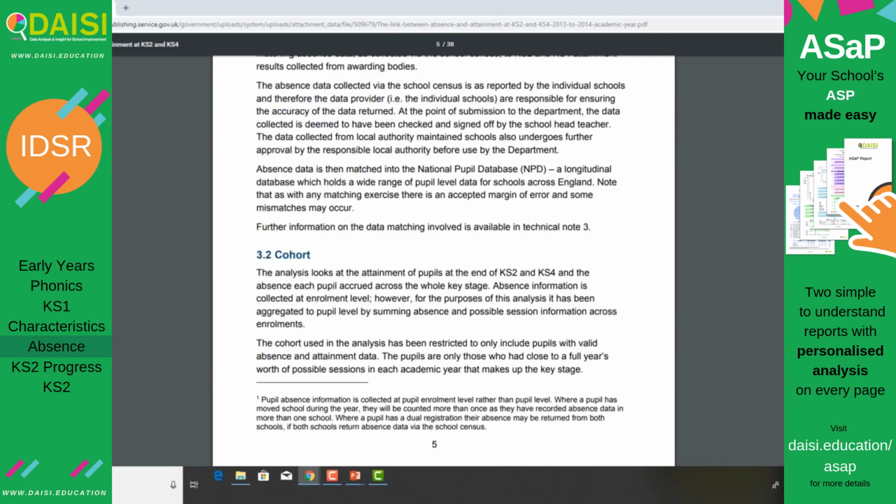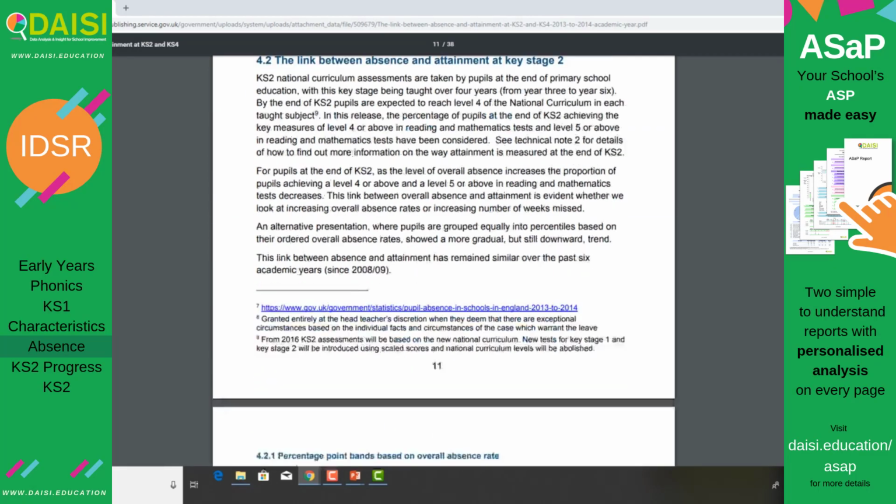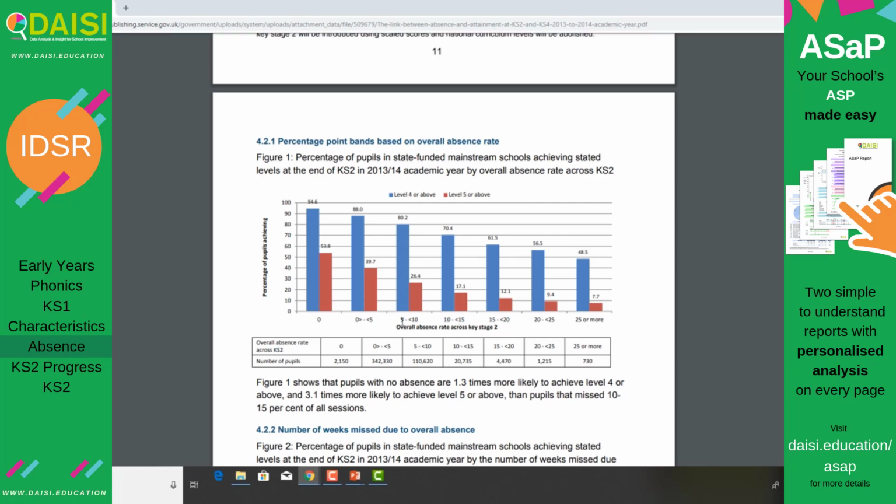So what they have done is they have grouped together particular absences. So for instance, 0 sessions missed, between 1 and 5 sessions, so 1 and 4 sessions, 5 and 9 and so forth. These are percentages rather than sessions missed.